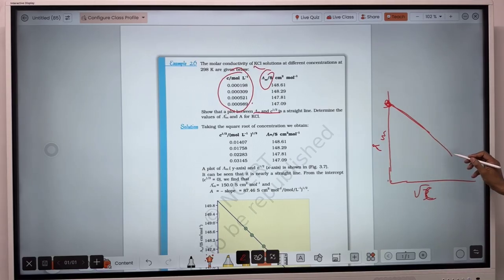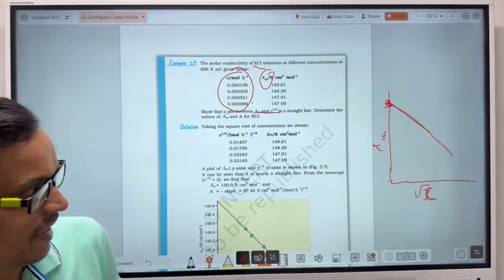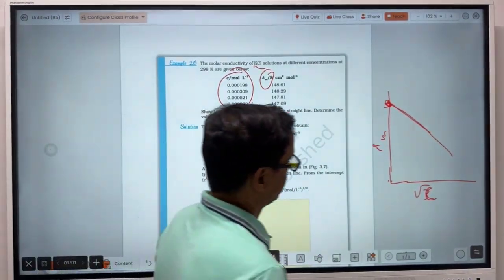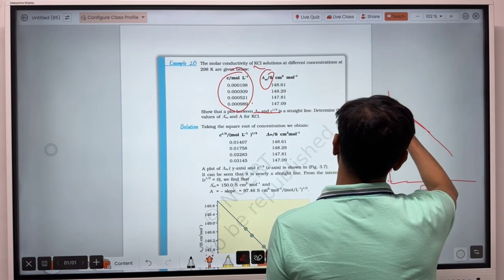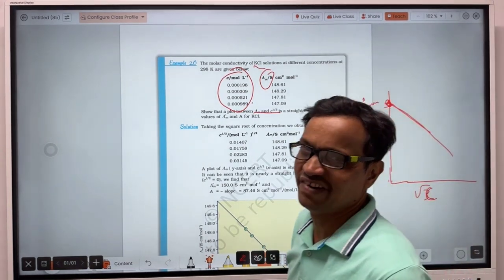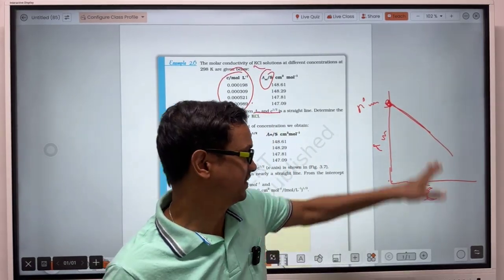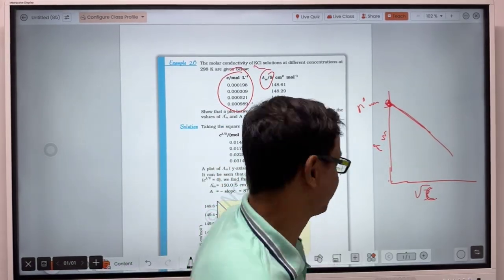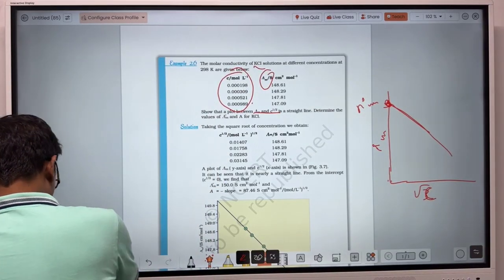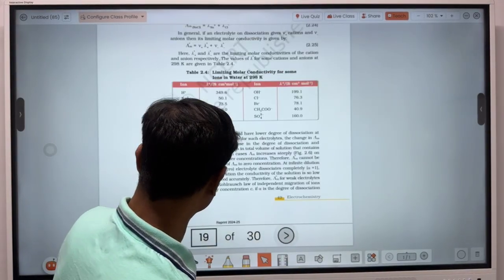Plot the graph, and when you extend the graph to touch the y-axis, you will get the limiting molar conductivity, meaning lambda degree m. Very easy question it is. Take the graph paper and plot them, by taking the root under C. This question is very easy.